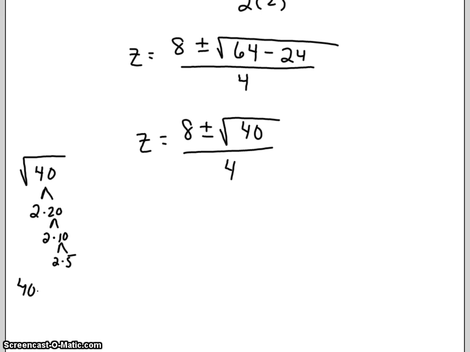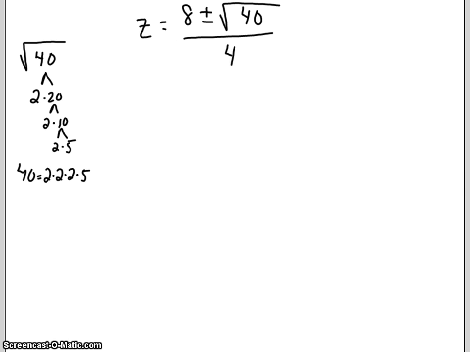So 40 is equal to 2 times 2 times 2 times 5. Well, a perfect square is formed by multiplying a number by itself. So this 2 times 2 right here, that creates a perfect square, 4. 40 is 4 times 10. Now 10 does not have any factors that are a perfect square. 2 times 5. There's no doubles.